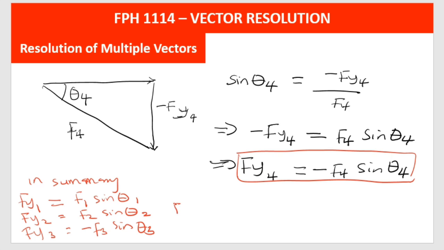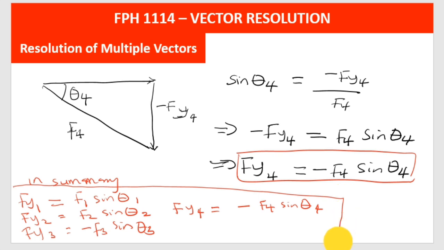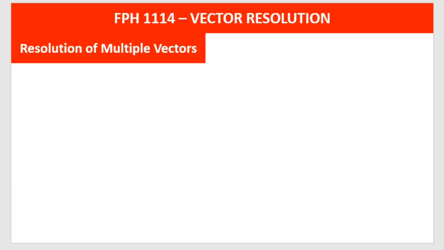And then we have Fy4 to be equal to minus F4 sine theta 4. So this is all we have on the y component. So we need to move straight ahead to the horizontal resolution.